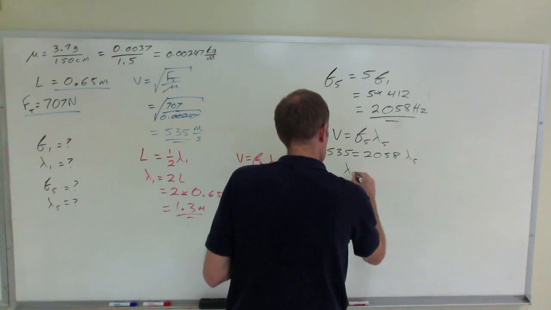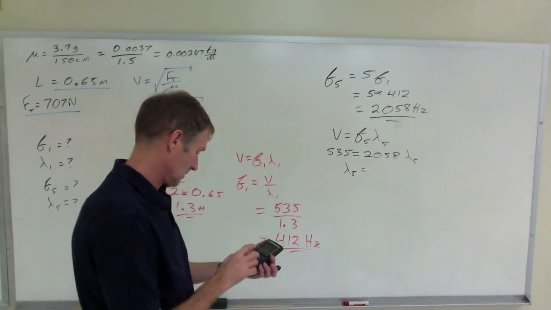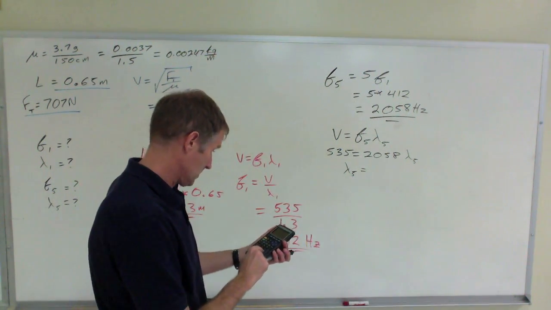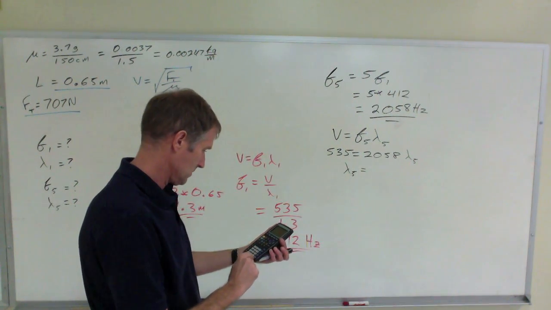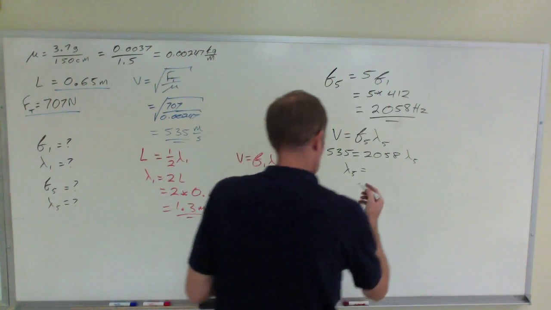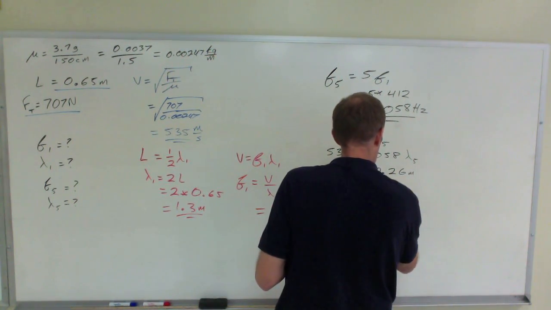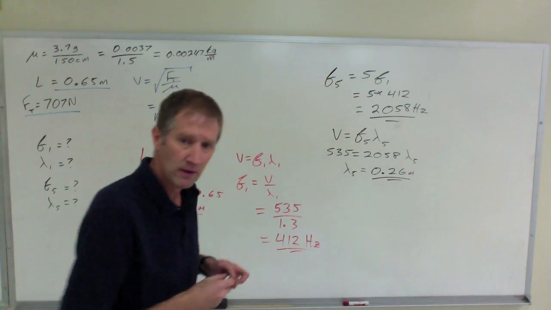So that is going to be pretty small. I get 0.26 meters. That's the wavelength corresponding to the fifth harmonic.